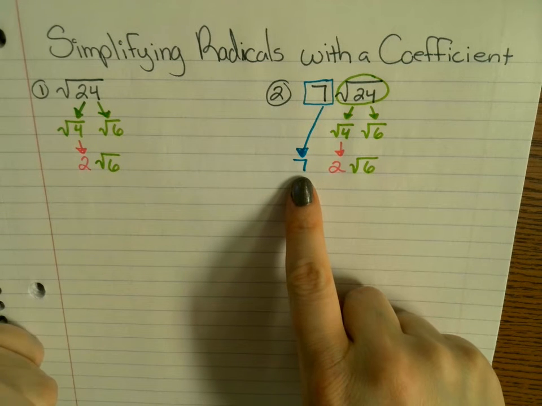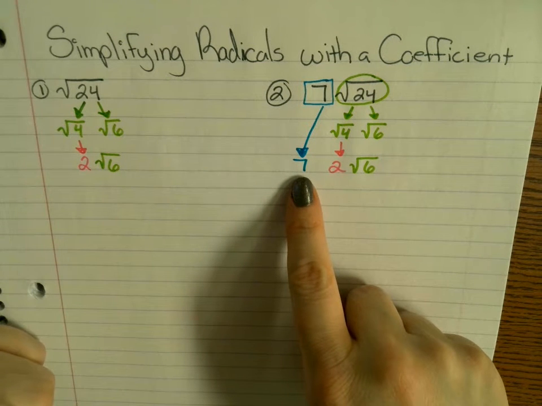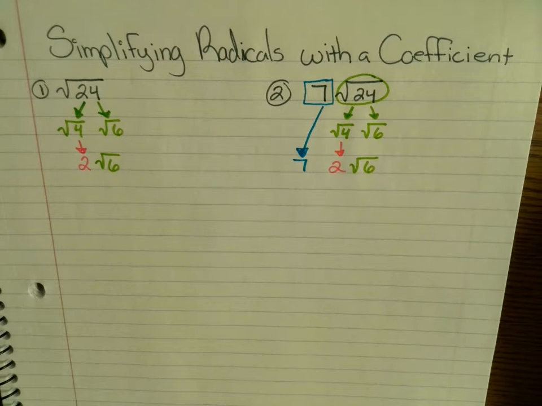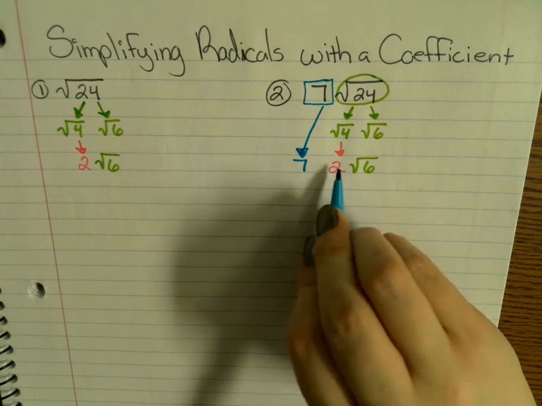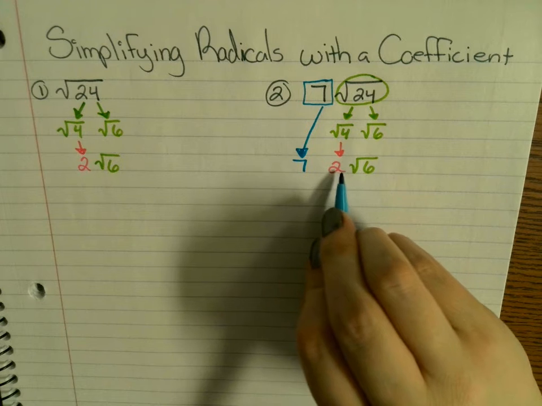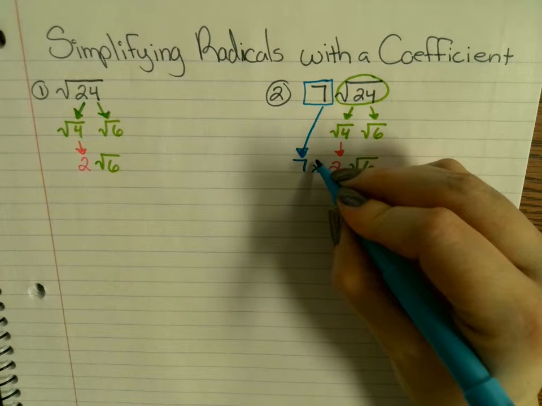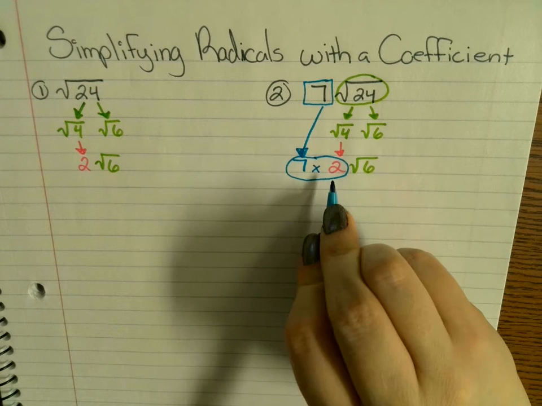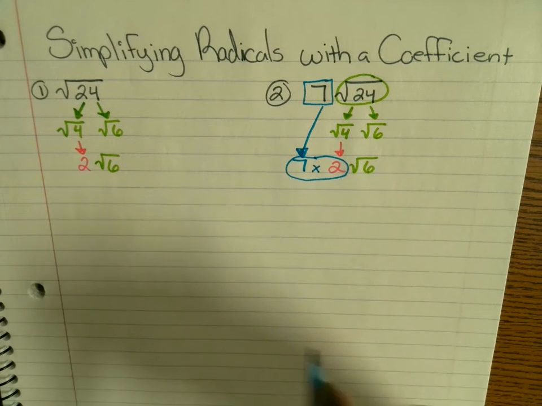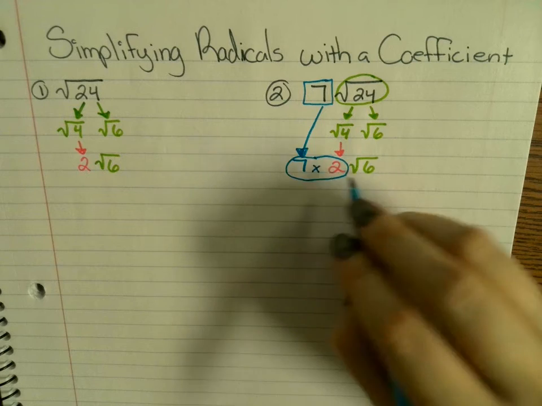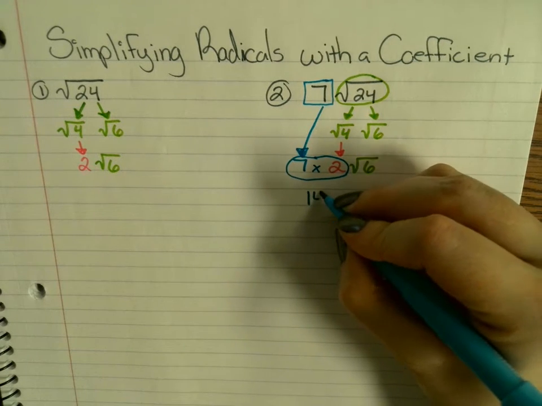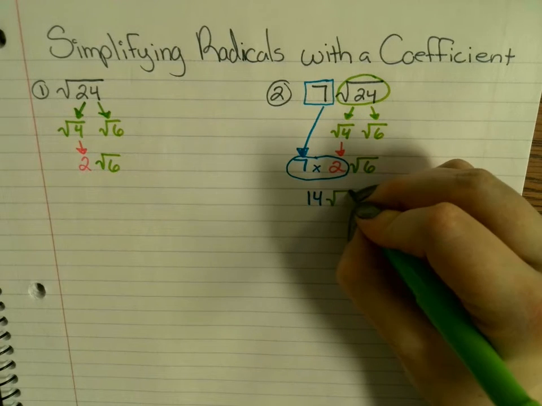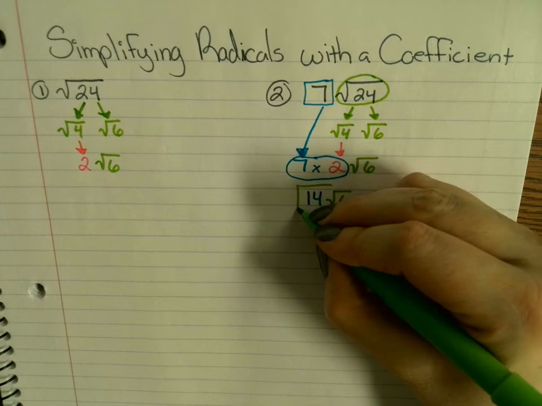What do you think, Mylin? Multiply it. I'm just going to go ahead and multiply it to the new coefficient that I've created. I'm going to take that 7 that was my original coefficient, and multiply it by the 2 that I just created. 7 times 2 is going to give me 14. So I now have 14 square roots of 6. And that would be my final answer here.